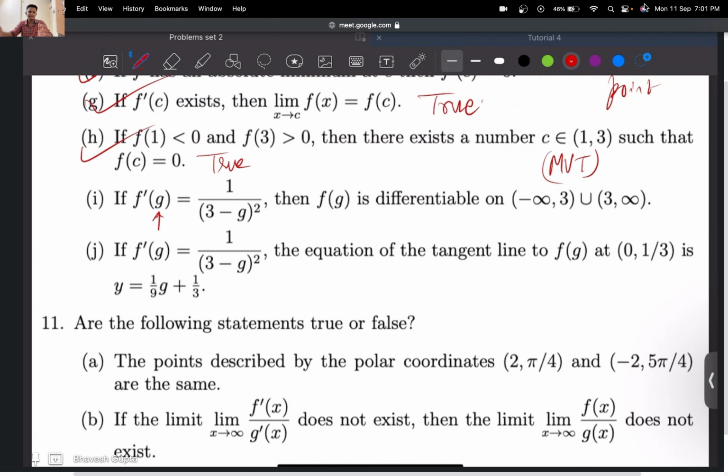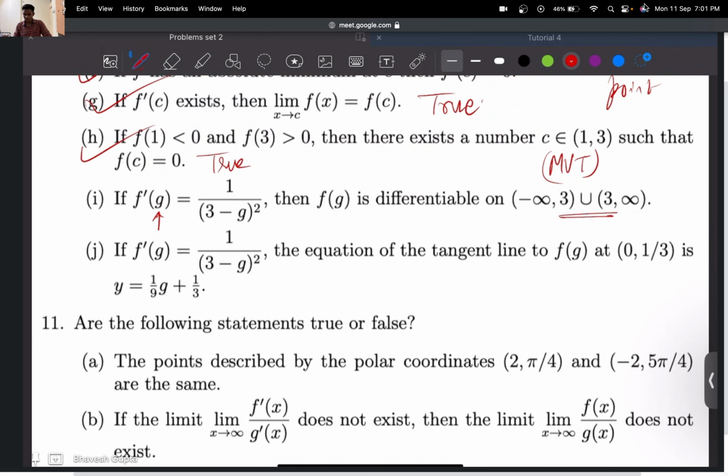It might be, but for now you just have to see that g is some variable, instead of x. You can see from here that the function exists except at g equal to 3. You can see g equal to 3 is not included in this interval.